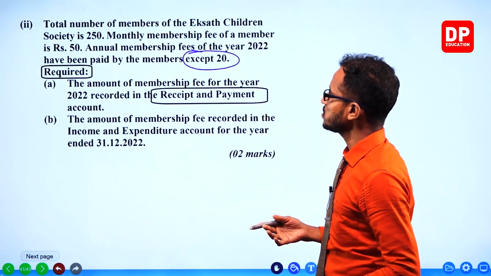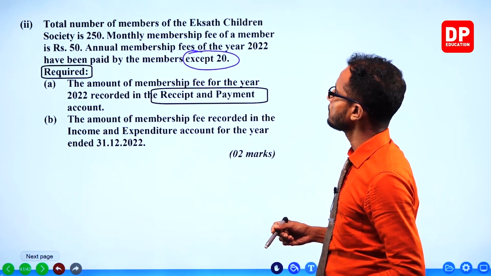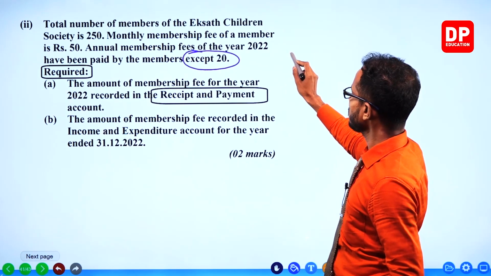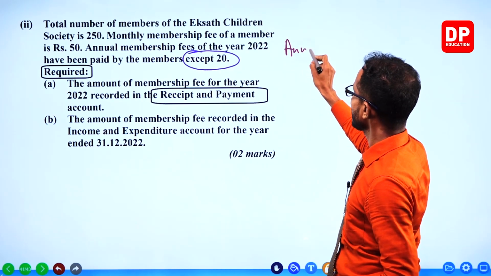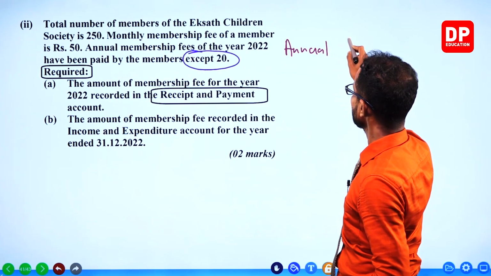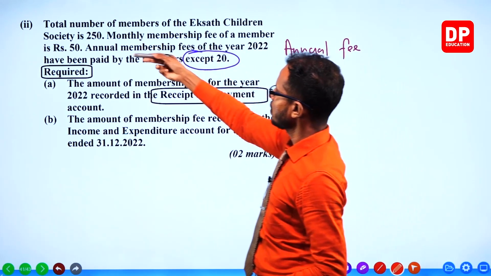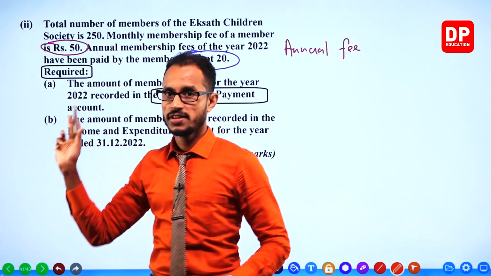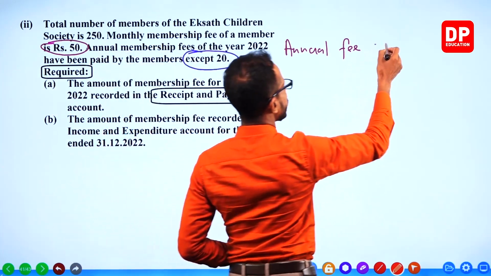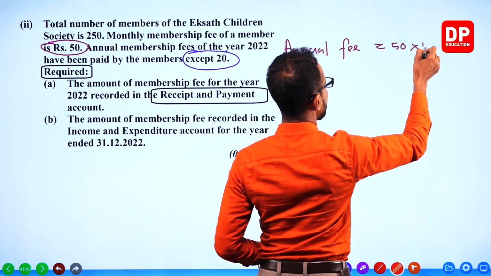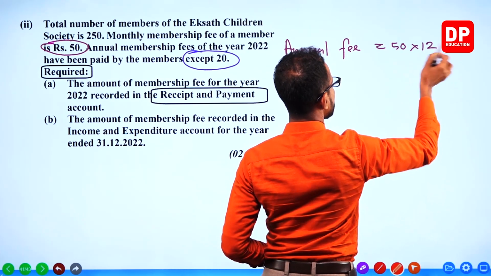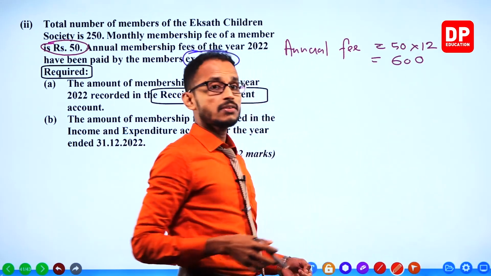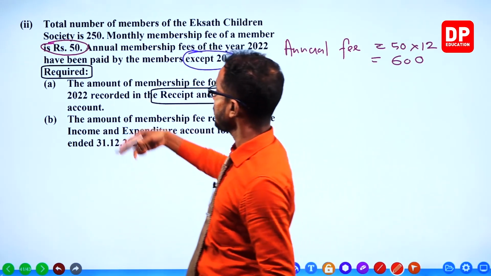So first of all, monthly membership fee is 50. Calculate the annual membership fee first. Annual fee is 50 into 12, that is 600. How many people paid?